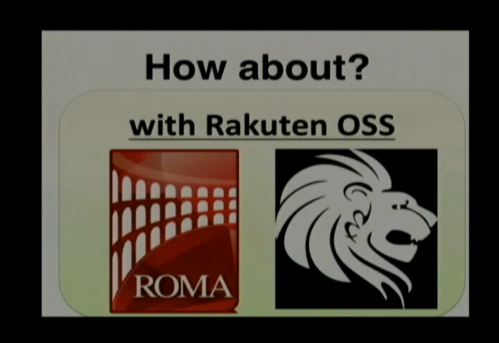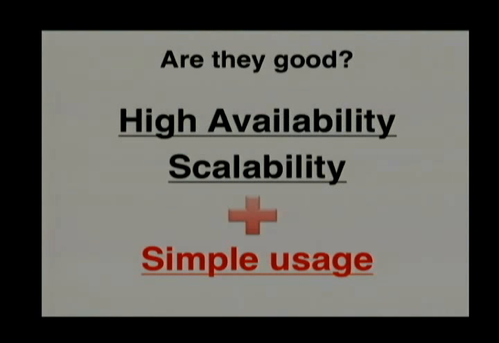But how about ROMA and LeoFS? If you use them on this kind of application, you can get advantages like high availability and scalability. You don't need to worry about storage size. And a very important point is that usage is very simple.